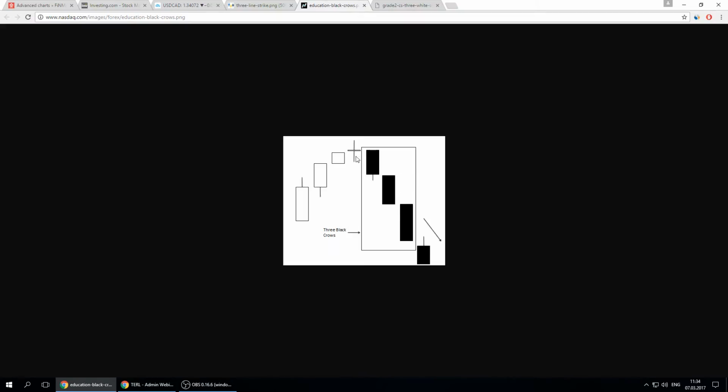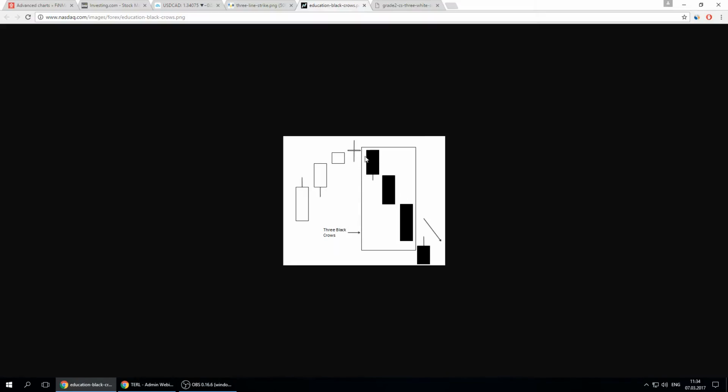So it should end at this level, as we see on this picture. It can end earlier, within the body of the previous one, but the close should be lower than the close of the previous candle.